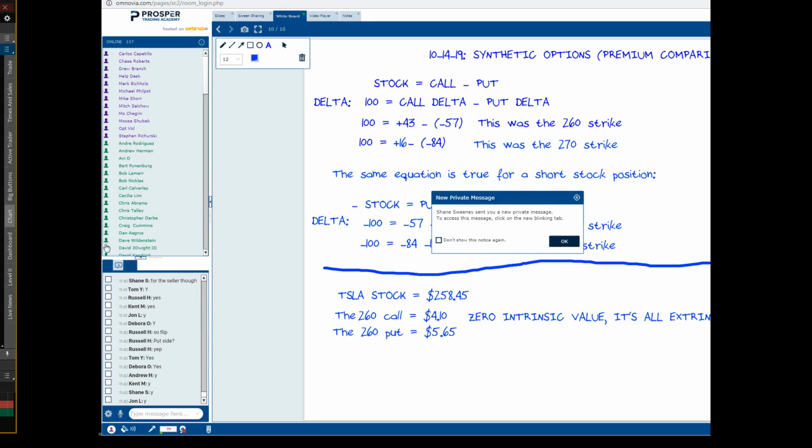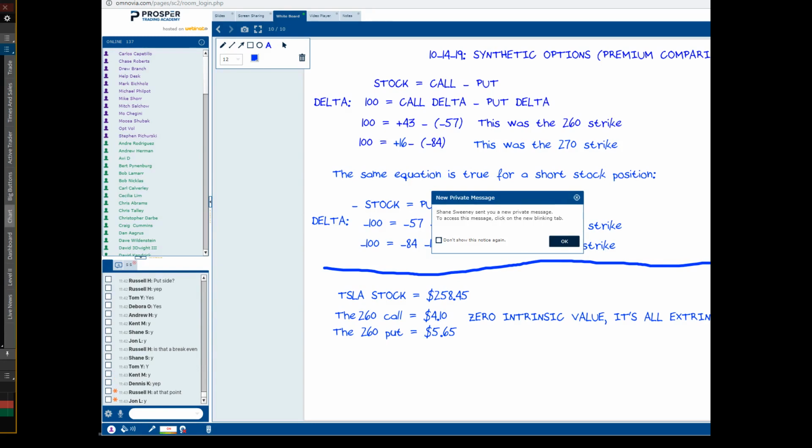Everybody get that? So the entire amount of the price of that option is all premium. It's all extrinsic value.